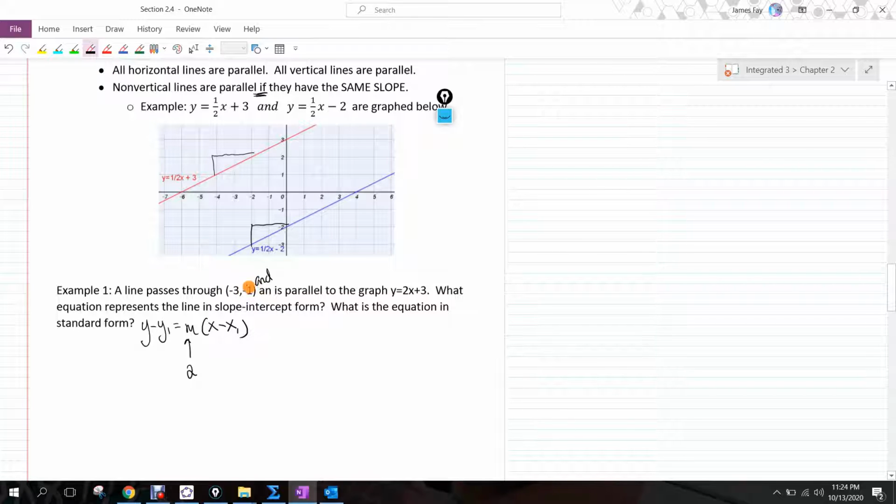So y1 is negative 1, so I'll say y minus negative 1 equals m times x minus negative 3. Now remember, this form is point-slope form. Now it wants it in slope-intercept form, or y = mx + b form.